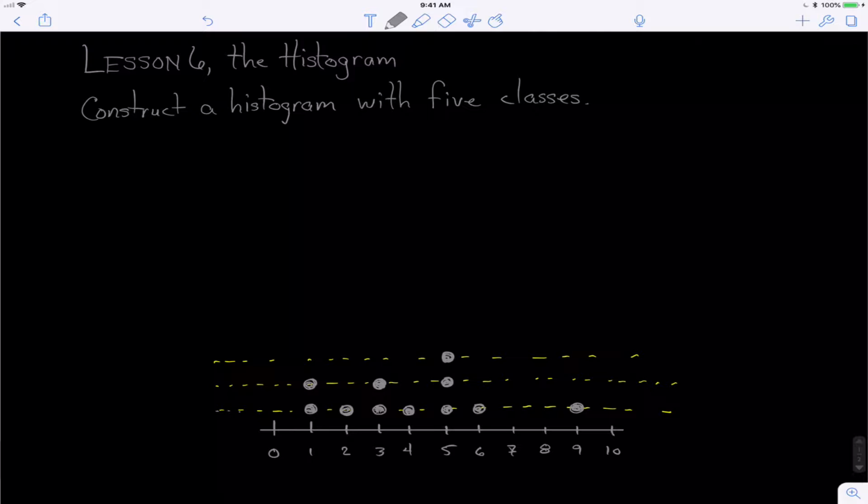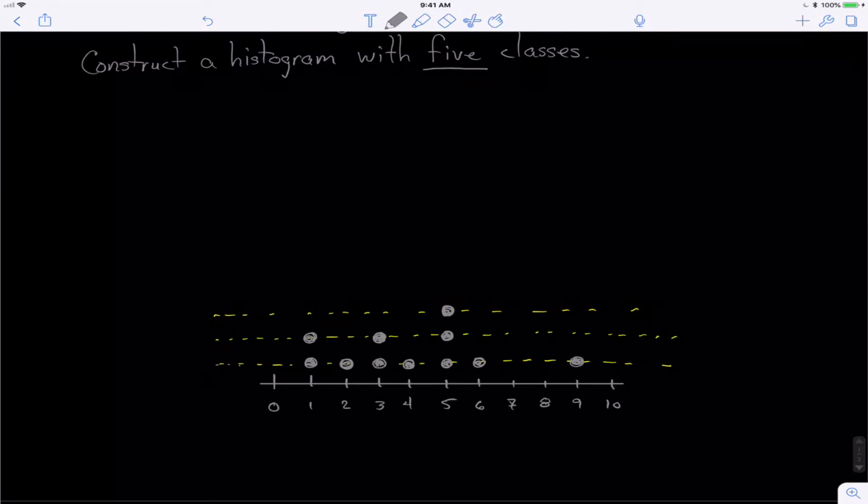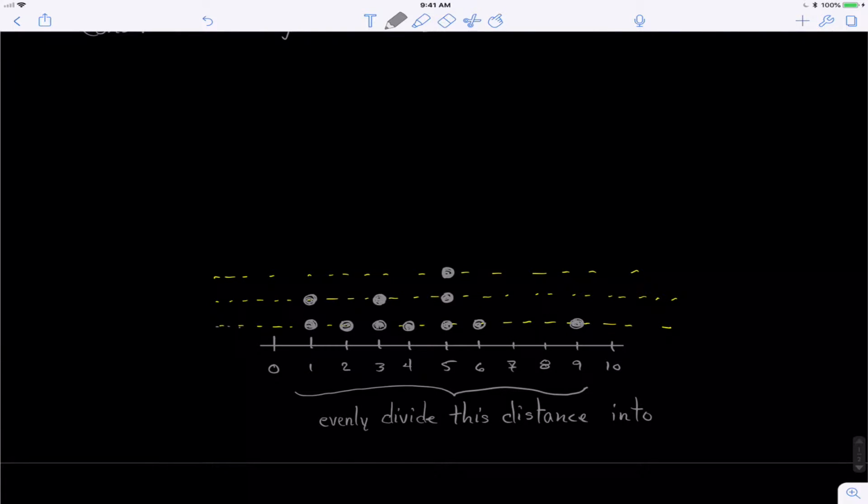Okay, so here's where it begins. What we need to do, this 5 here tells me that I need to evenly divide this distance into 5 parts.